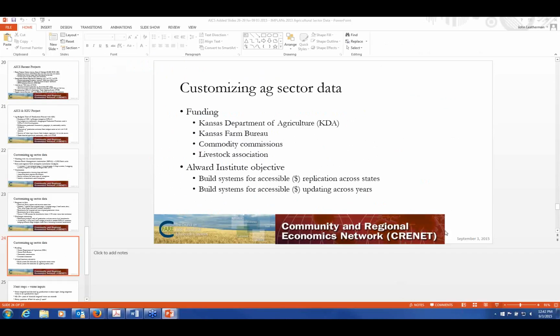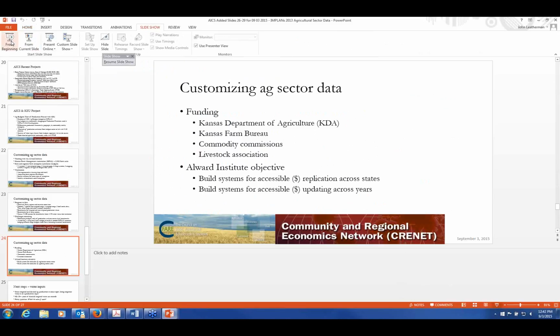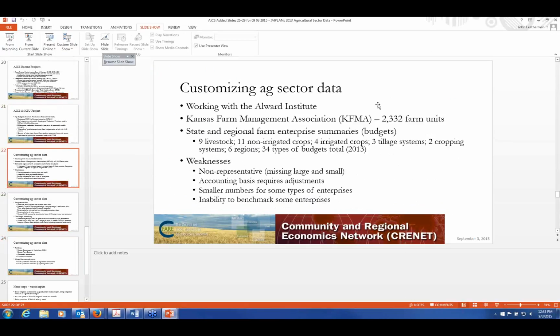I think it's under slideshow, and then from current slide. I'm sorry about this. I actually thought that I knew what I was doing for a moment there. That's okay, you can just go through it manually. I do apologize for that. There we go.